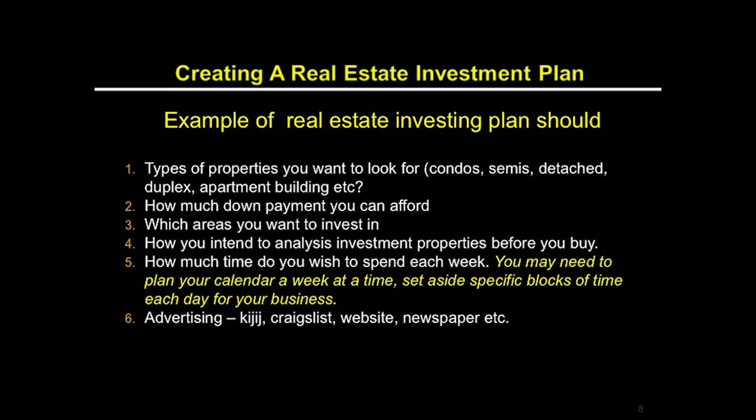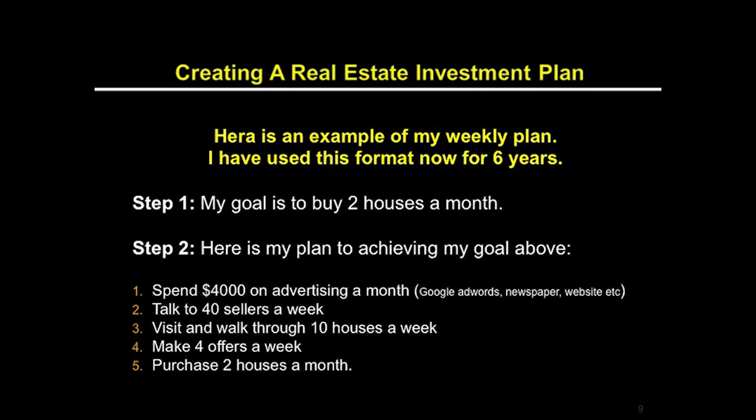Here's an example of my weekly plan that I've been using for the past 6 years. This plan is what I use for one of my goals, which is to buy 2 houses a month. And this is the plan that I follow.